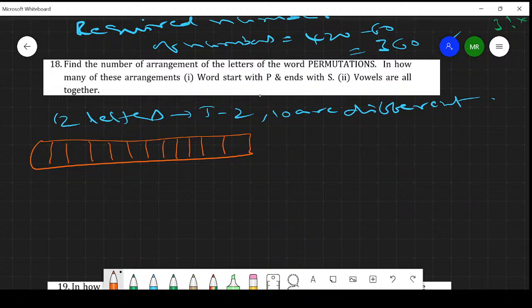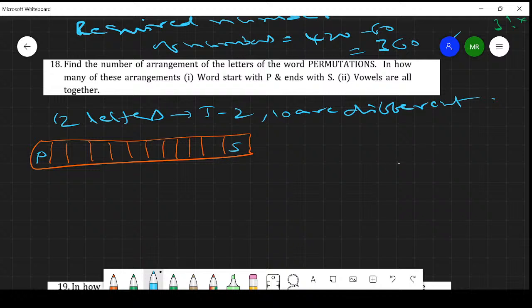They are asking words that start with P, so I should fix P here. This is the letter P, and I should end with S. Only the remaining 10 places I should fill. Total 12 we have, I have taken 2 here, so the remaining 10 places can be filled with the remaining 10 letters.